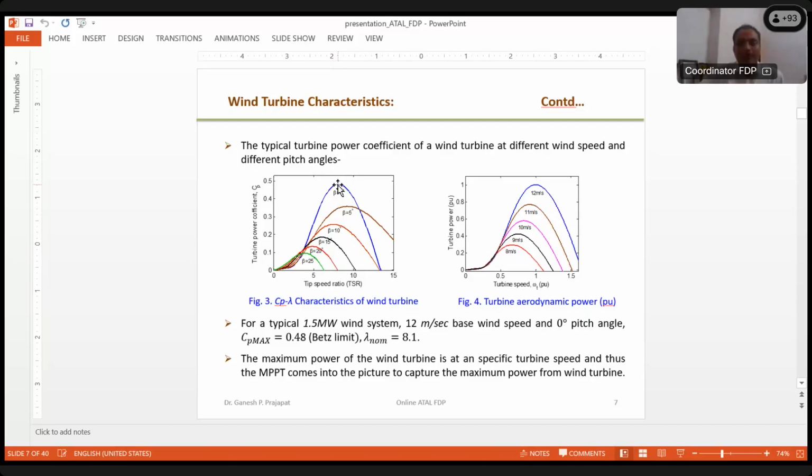Every time you look at the curve, you can see that the optimal turbine speed will be different for different angles. If beta is 0 degrees, then the optimal turbine speed is something here. And then again, let me put the cursor over here.